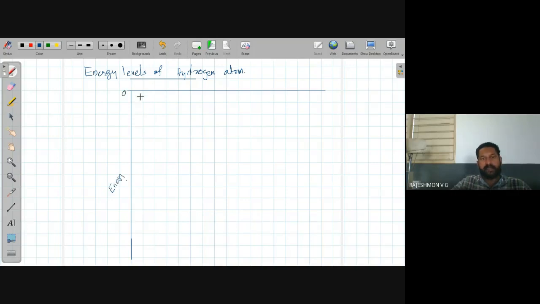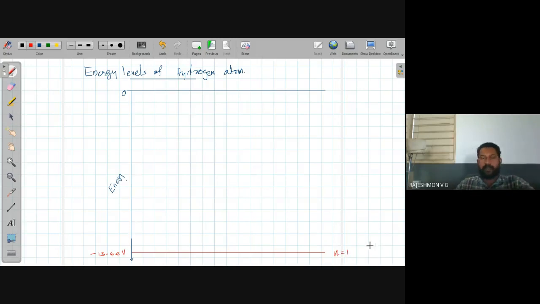This is 0 of energy, downward direction it is negative. So for the first orbit of hydrogen atom, you have minus 13.6 eV. That will be something like this. This value is minus 13.6 electron volt, and this is for n equal to 1.